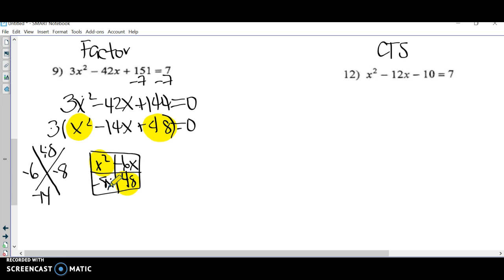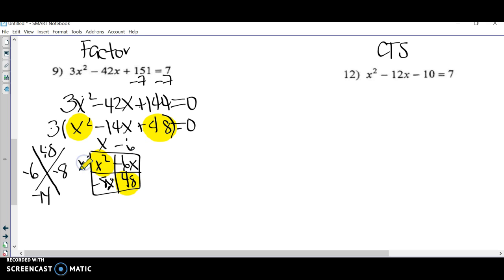I'm going to take the greatest common factor of each row and each column. So if I start with the first column over here, the greatest common factor between x squared and negative 8x is just going to be an x. Between negative 6x and 48 is going to be negative 6. So one of my factors is x minus 6.